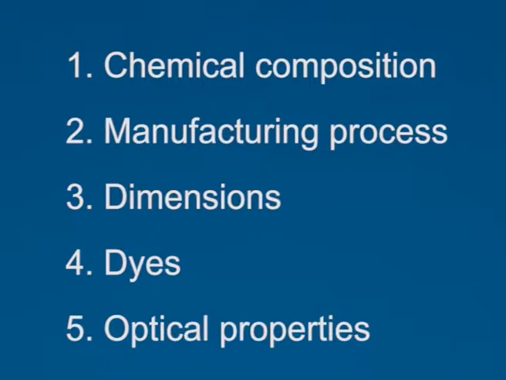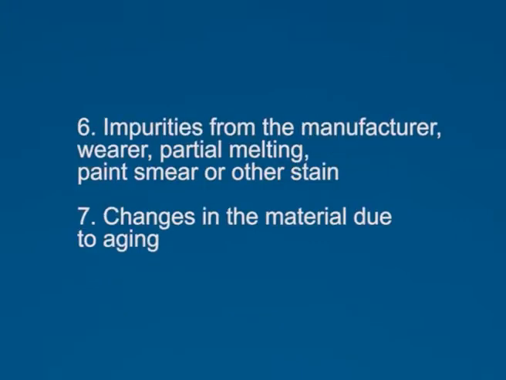The fibres can be highly individualistic due to the following characteristics: the chemical composition, the manufacturing process, the dimensions, dyes, optical properties, impurities from the manufacturer, wearer, partial melting, paint smear or other stain, and changes in the material due to aging.